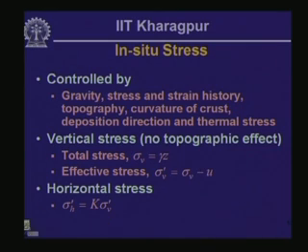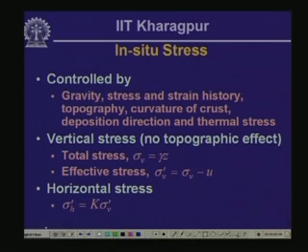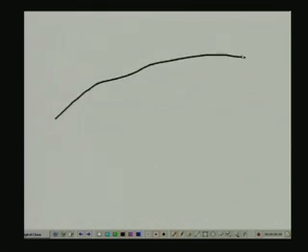Now, before we move forward, I want to introduce one concept. Let's consider a topography of that type. So here what we will get is that at the surface there is no stress.